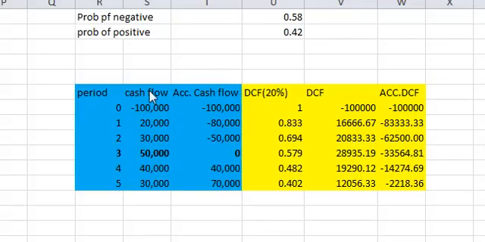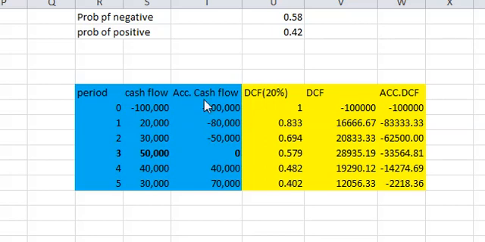So we are looking at how to compute the adjusted present value. You can compare these two. In the blue one, we are looking at the normal payback period. This is our period. This is our cash flow. This is how we accumulate, as we saw in our previous video.